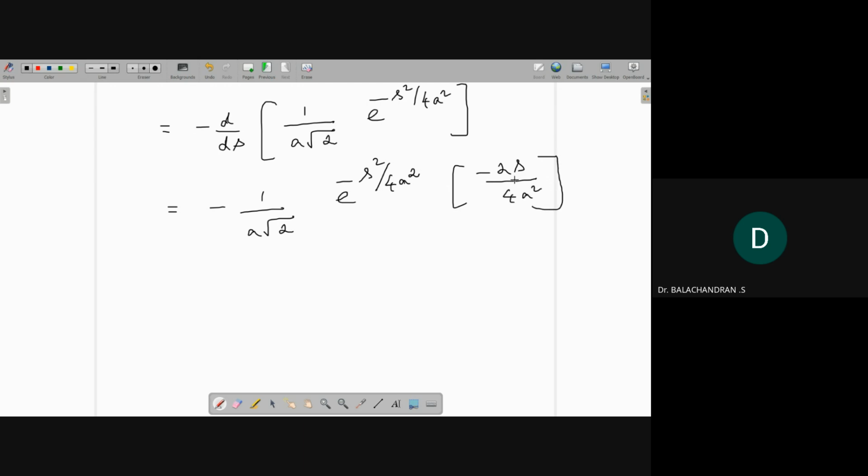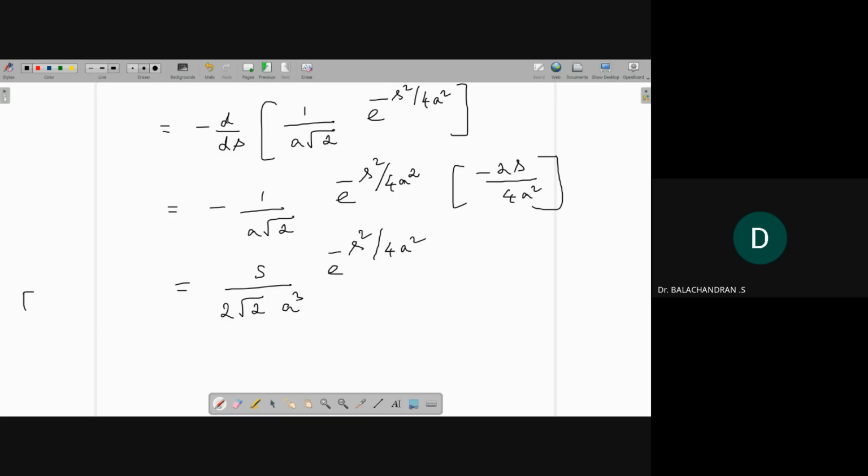If you simplify, minus of minus becomes plus. You get 1 by 4 into 2 root 2, so 1 by 2 root 2 into a cube into s into e power minus s square by 4a square.